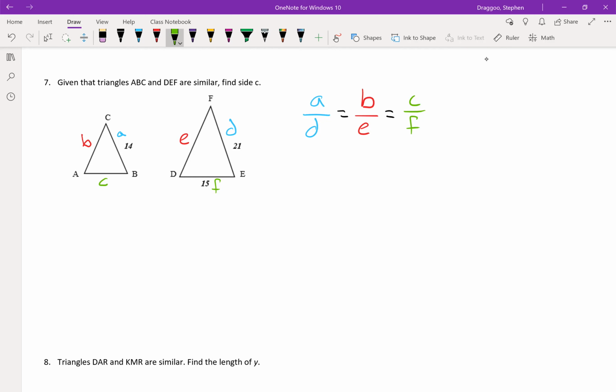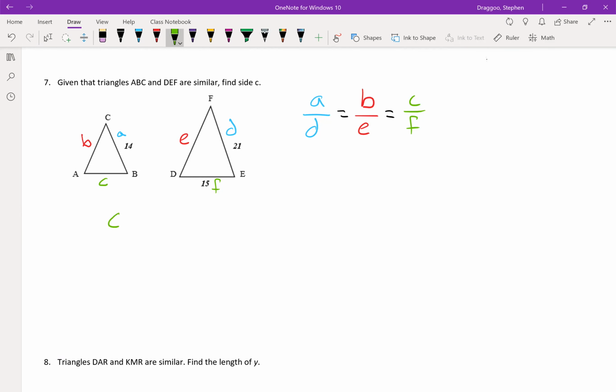So I'll choose one ratio that I know everything about, and also a ratio that contains the side that I'm interested in. So since I know sides A and D, so I know the two blue sides, and I'm looking for the green sides, I'll use the blue and the green parts out of that similar triangle setup.